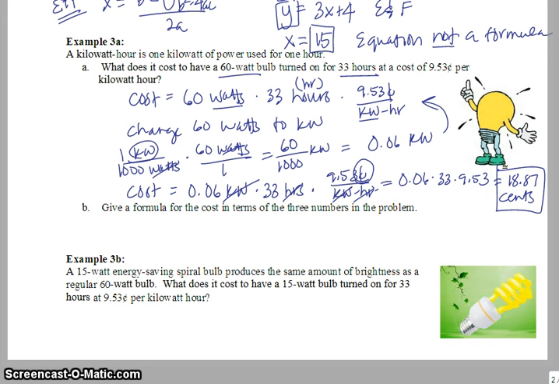Then it says give a formula for the cost in terms of the three numbers in the problem. So we're going to give a formula for the cost in terms of those three numbers, that's 60, the 33, and the 9.53.